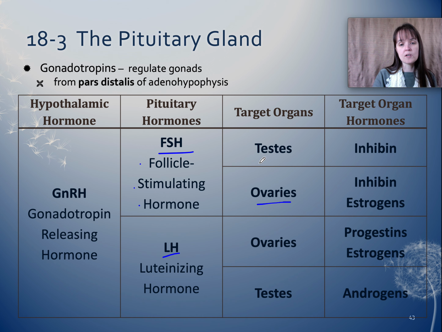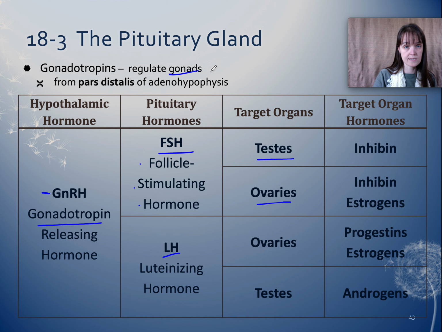It actually will also stimulate the testes to make sperm, which we will write down here in a second. So the FSH and the LH are both controlled by the GnRH, capital G, lowercase n, capital R, capital H. And this is the gonadotropin releasing hormone. And again, we have two gonadotropins that regulate the gonads. As a review, what are gonads?